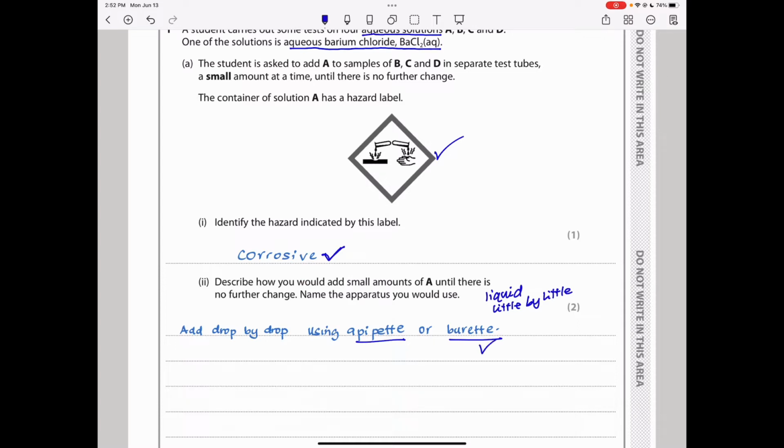The burette can be very perfect, or a pipette can also be a good one. So we will add drop by drop because it's a liquid. I would recommend a burette because it's better at adding drop by drop than a pipette. With a pipette you need to have experience controlling it to release drop by drop, but a burette is easy to use.